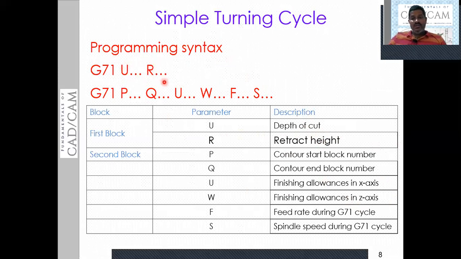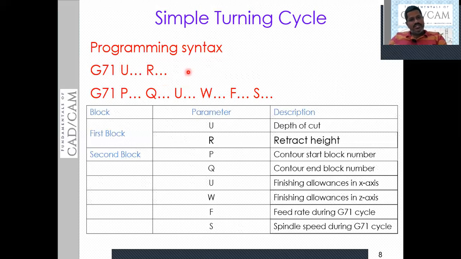Then R is the retract height. After completing one pass or one cut, the tool needs to move a certain height before taking the next cut. That is called the retract height, the distance the tool is moving.